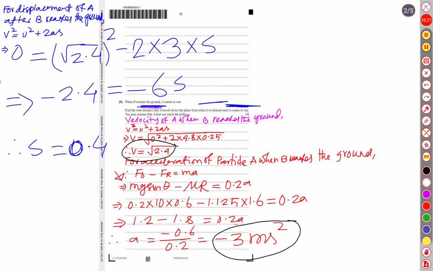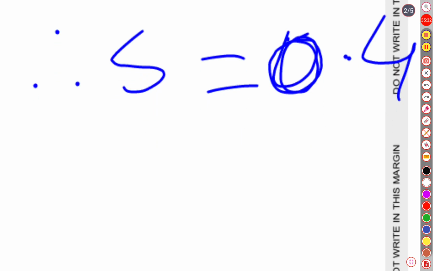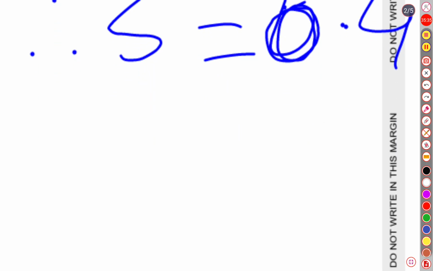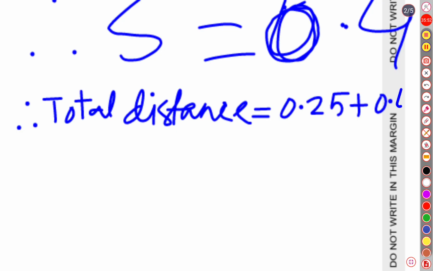So let us write the total distance. Hence the total distance traveled by A is equal to, first of all, each one of them traveled 0.25 meters, and later on only A traveled 0.4 meter.